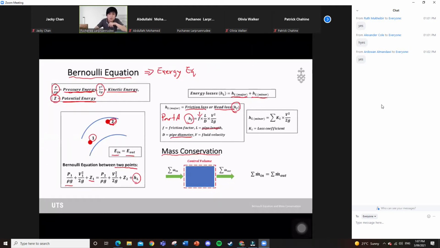You should use the inside diameter. Multiplied by V square over 2g, where V is the velocity and g is gravity. And for the minor loss, HL minor equals the summation of KL, the loss coefficient, multiplied by V square over 2g, where V is the velocity.